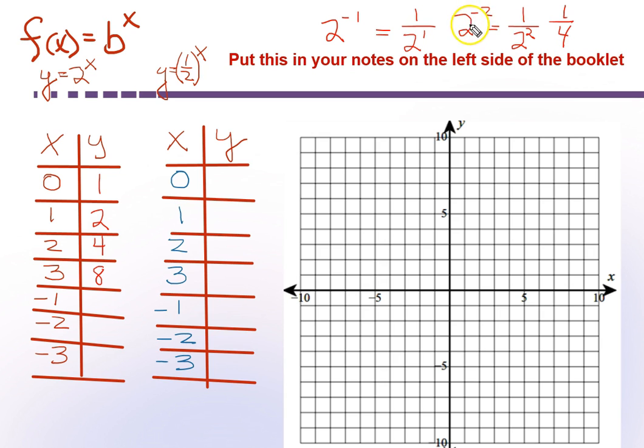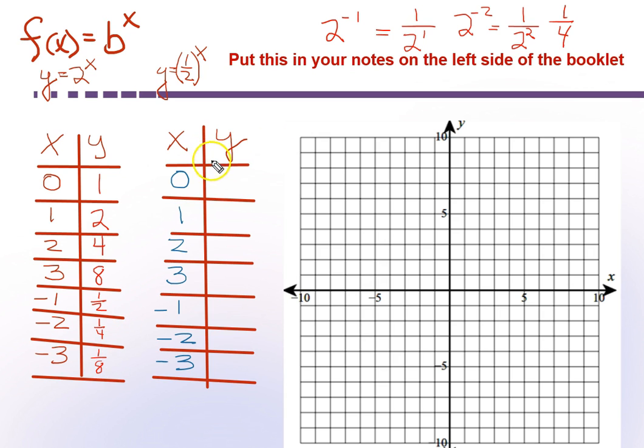The reciprocal of 4 would be 1/4. So these are just the reciprocal of what we have up here. So to the first is 2, so this would be 1/2. This is negative 2, so that would be 4. The reciprocal is 1/4. And this one is 1/8.